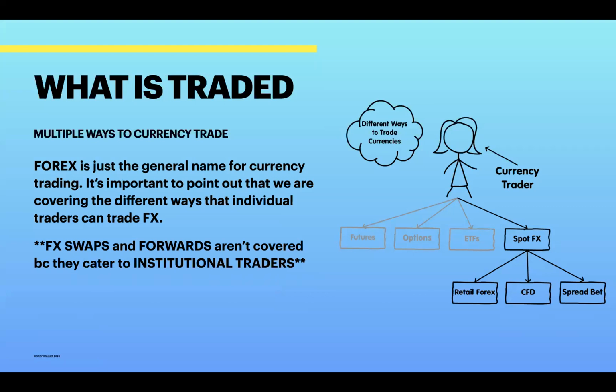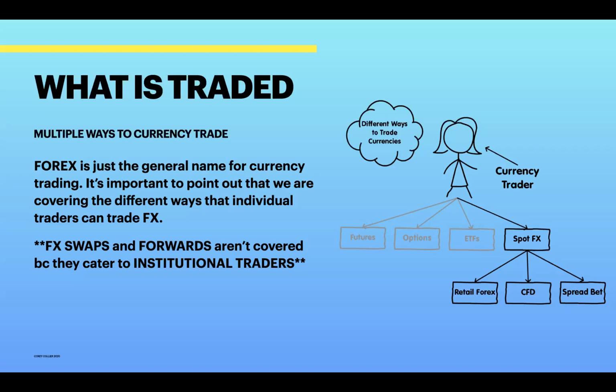So what is traded in Forex though? Shortest terms, it's currency, all right? It's currency, futures, some crops and commodities, but for the most part, we're focused on currency, right? Forex is just a general name for currency trading. It's important to point out that we are covering different ways that individual traders can trade Forex. So we're over in the spot market under the retail Forex, okay?